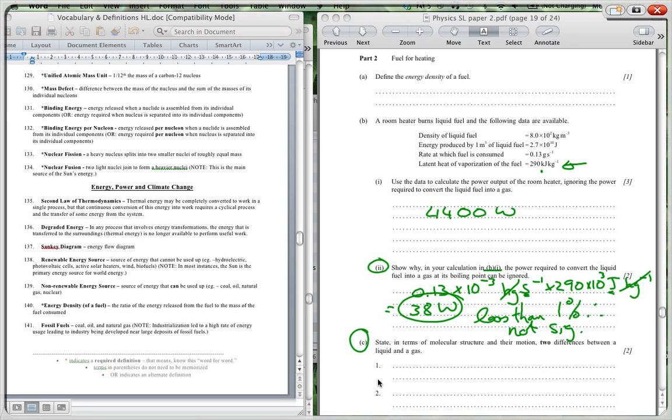For C, it says state in terms of molecular structure and their motion two differences between a liquid and a gas. So we're looking at molecular structure and their motion.